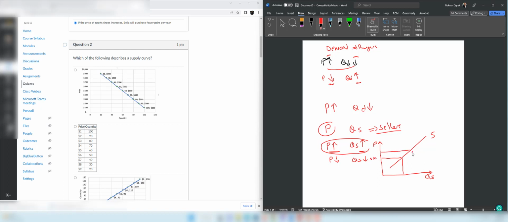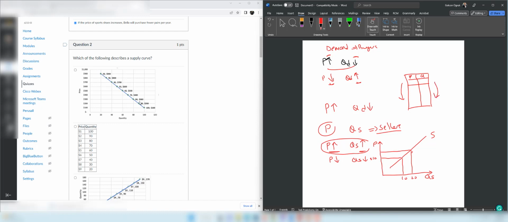You have more quantities supplied in the market, from 10 to 20, for instance. So we need to find that relation either as a graph or a schedule. If it's a schedule, it's a table. So in a table, you have 2 columns. One represents the price, the other one represents the quantities. But we should see a relation such that when the prices are rising, quantities are rising as well.